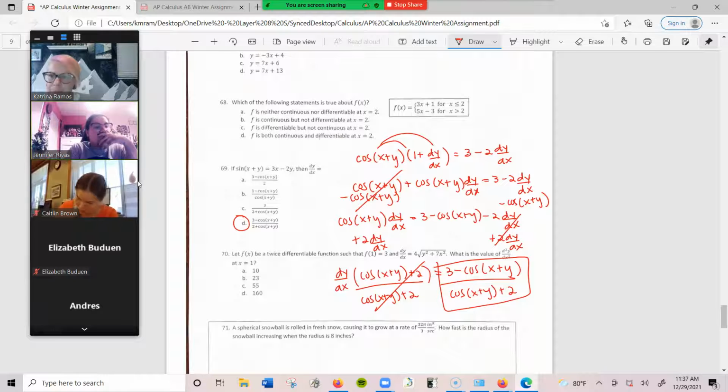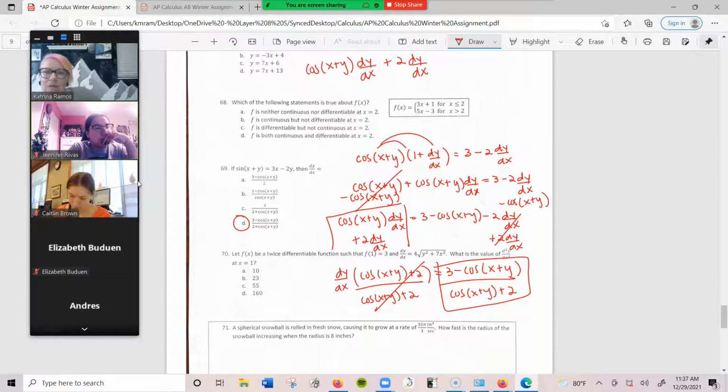After or before, what do you mean? Oh, okay. So after, but you understand adding the two dy dx. So this is the left side, right? It's the cosine of x plus y dy dx plus 2 dy dx, right?